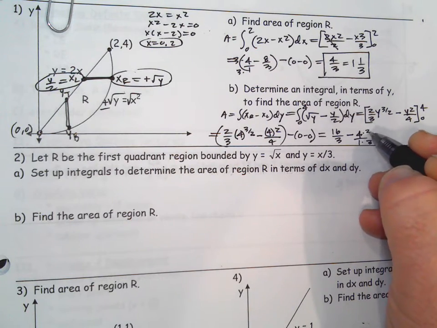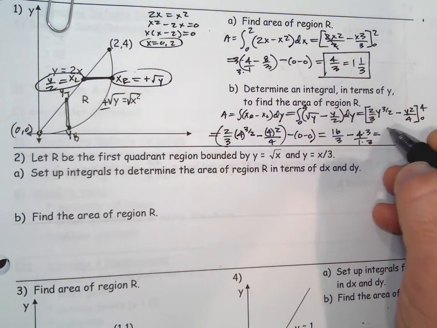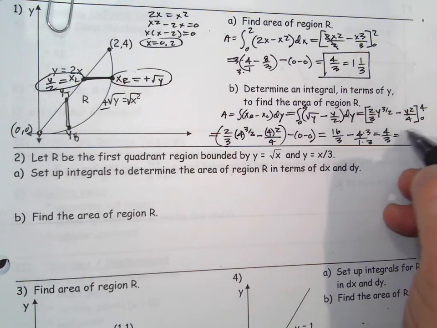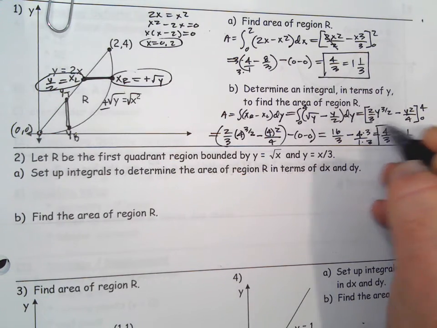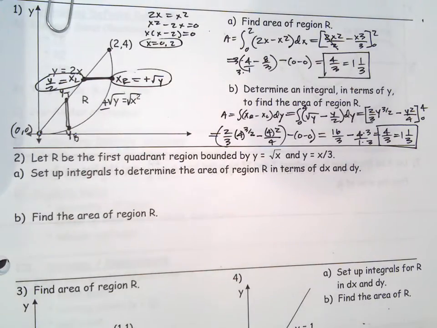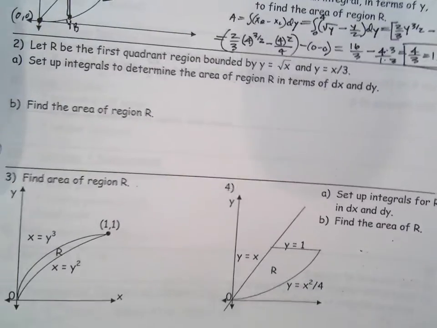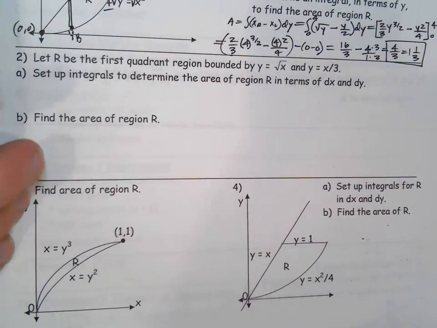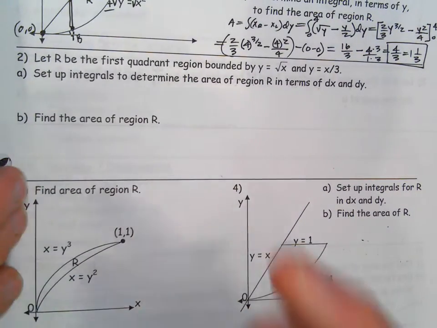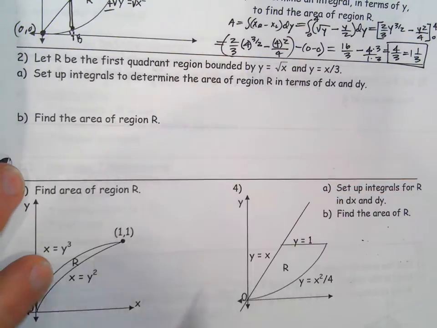Common denominator: 16 thirds minus 12 thirds is 4 thirds, or 1 1/3. Hey, what do you know? Same answer, right? So if you're trying to do it both ways, you'll know if you got it right or wrong, at least one of them, if they don't come out the same.